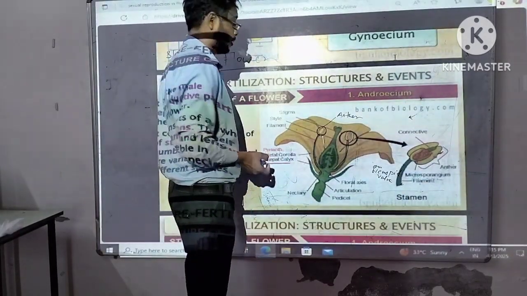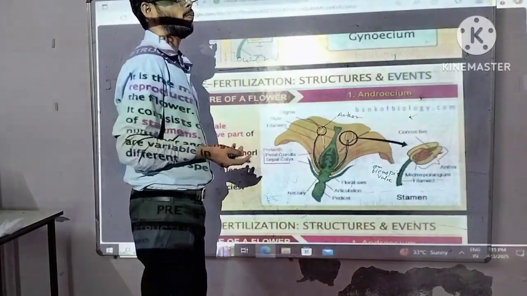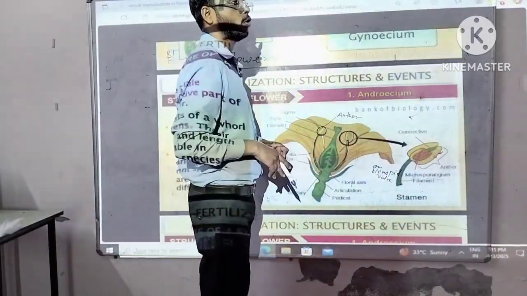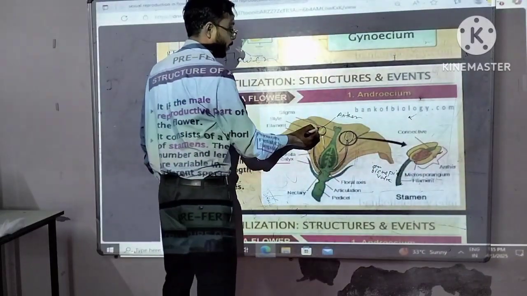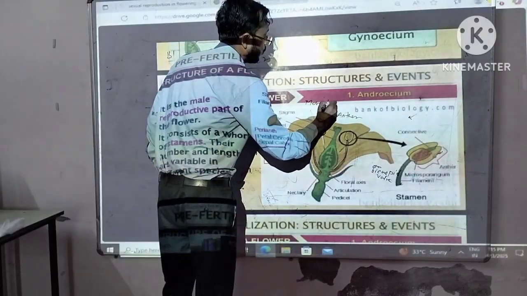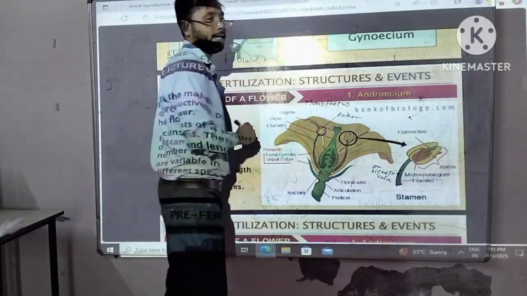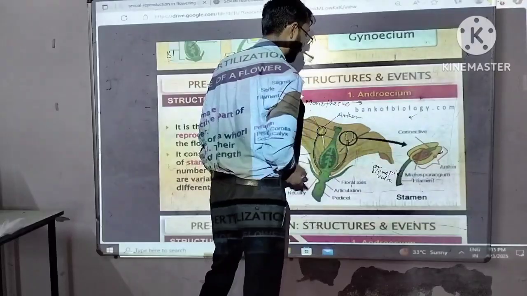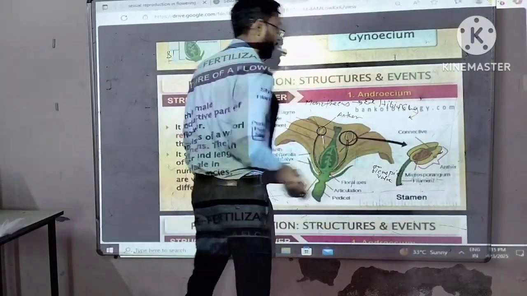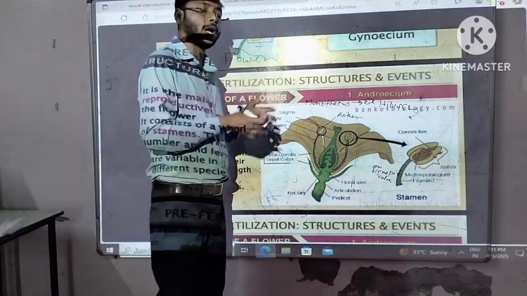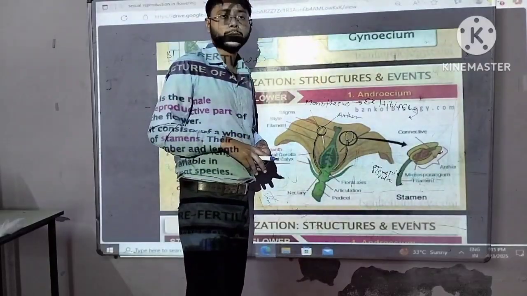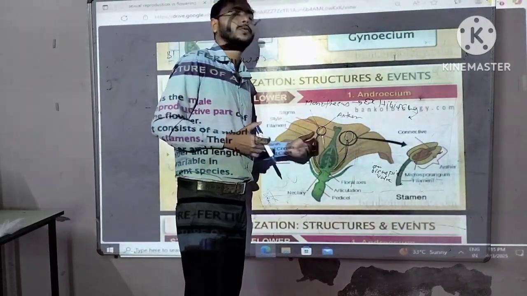In many plants, the anther is bilobed, but in some it is a single lobe. If a plant has a single lobe, it is known as monothecous. An example of monothecous is China rose, that is, hibiscus. In many plants such as pea, there is a dithecous anther.